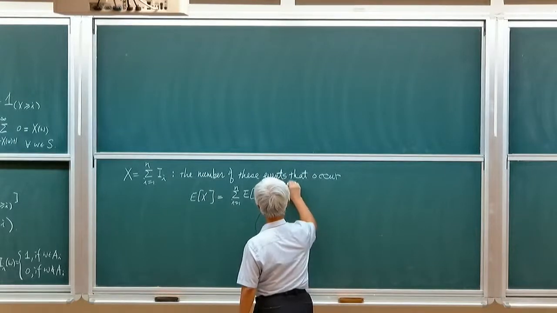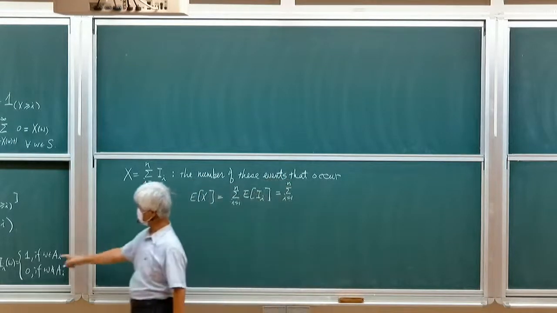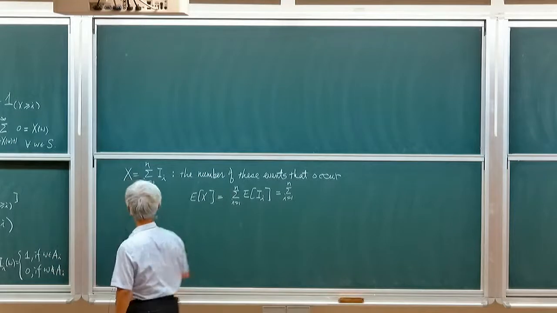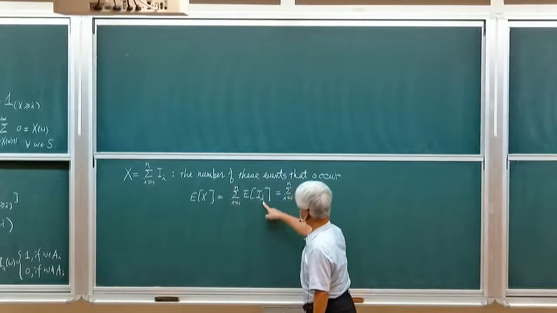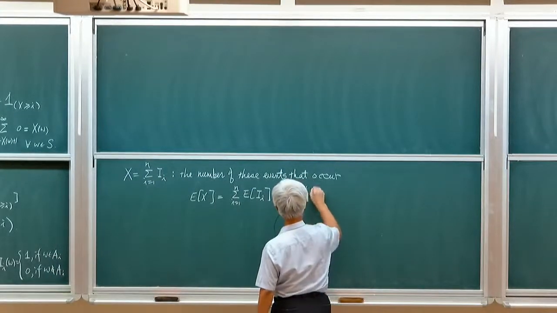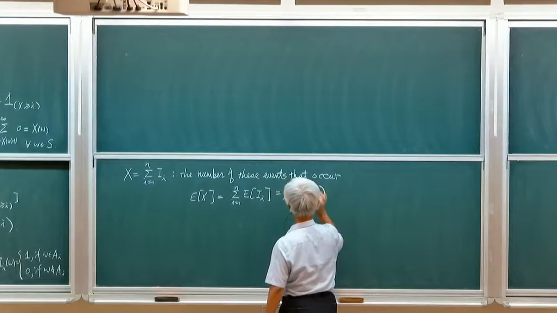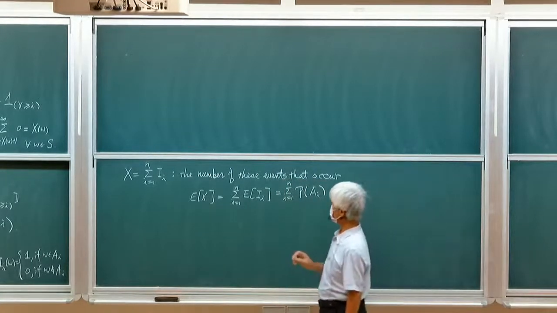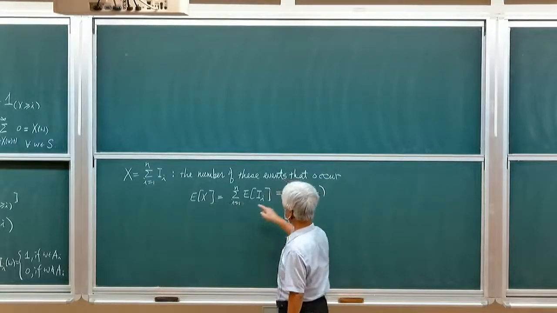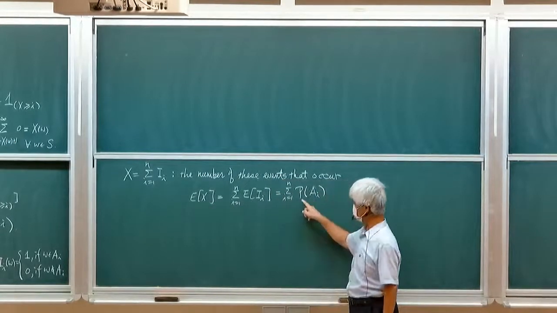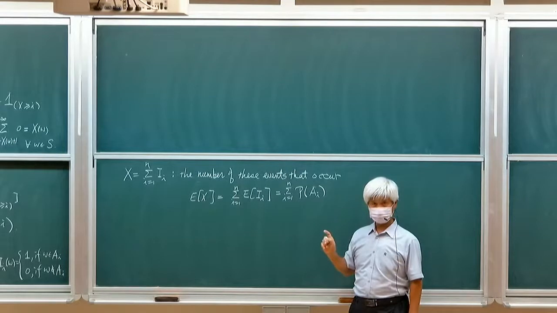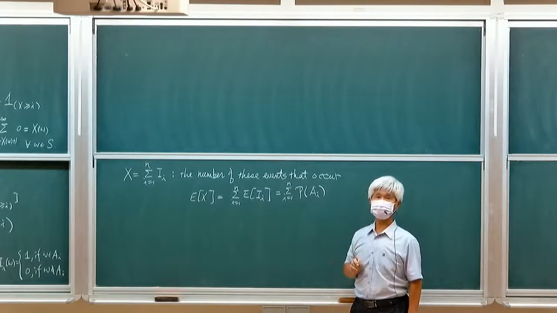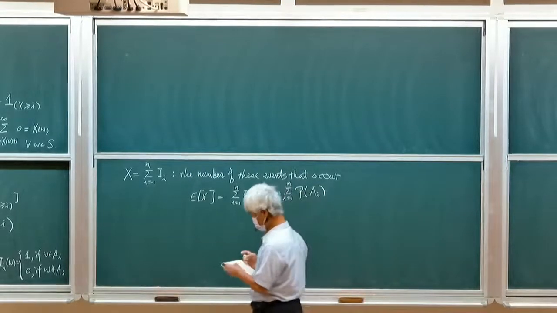Because I_i is the indicator of event Ai, the expectation of I_i is the probability of this event. So the expectation of X is just the summation of the probabilities of these events. So that's simple.